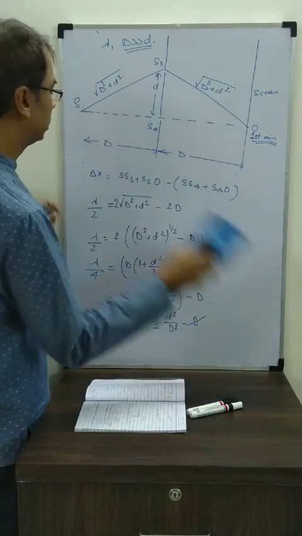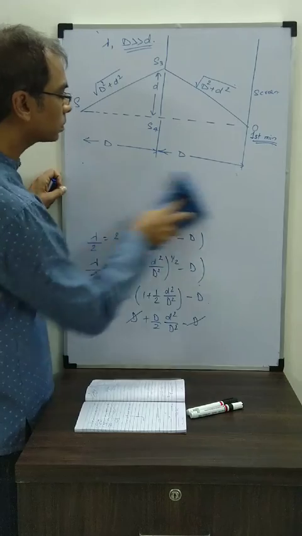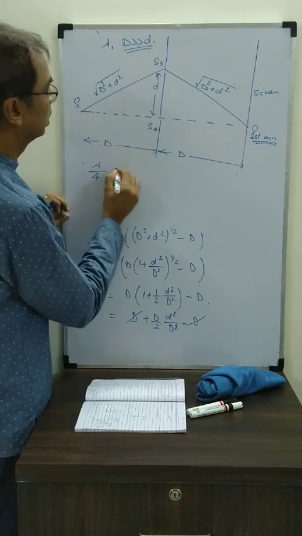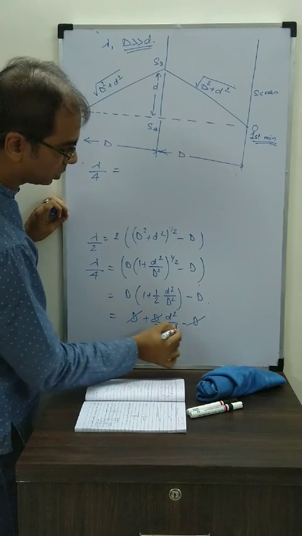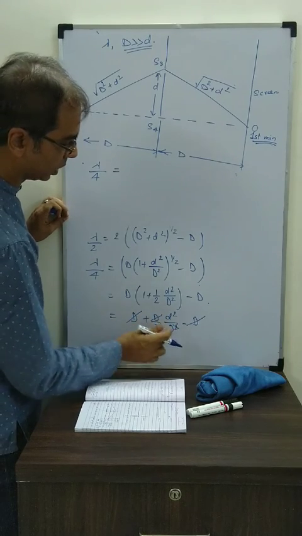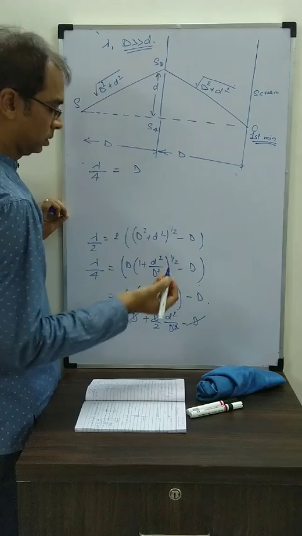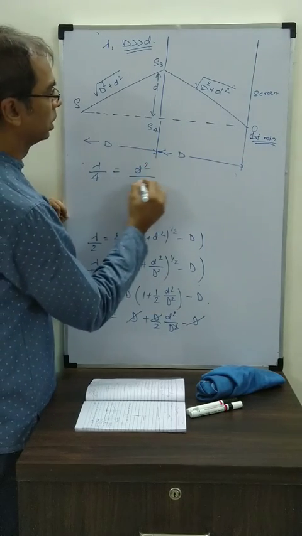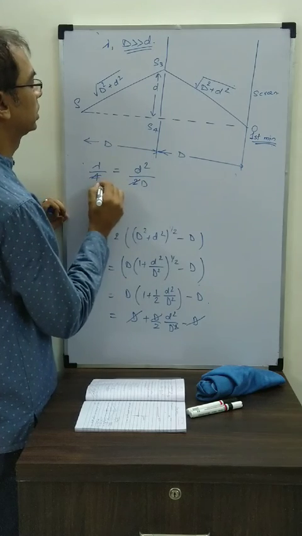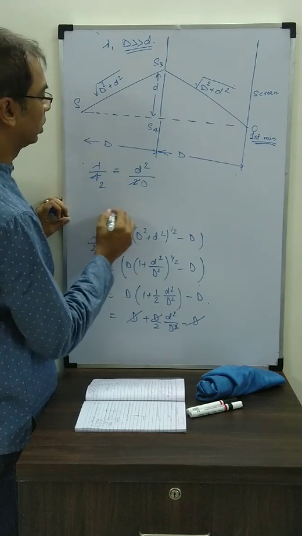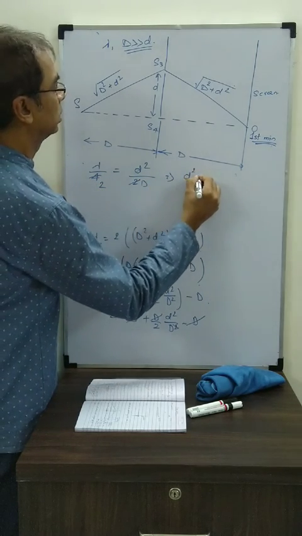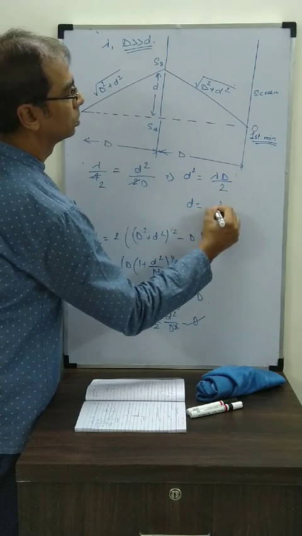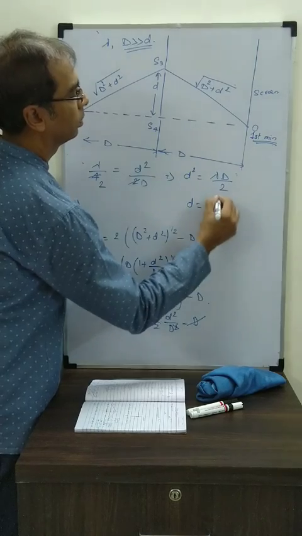Okay, see further. So what we have, lambda by 4 equal to, here this D also we can cancel, so d square by 2D. Sorry, d square by 2D. This also gets cancelled. So what we are getting over here? d square equal to lambda D by 2. So d equal to square root of lambda D by 2.